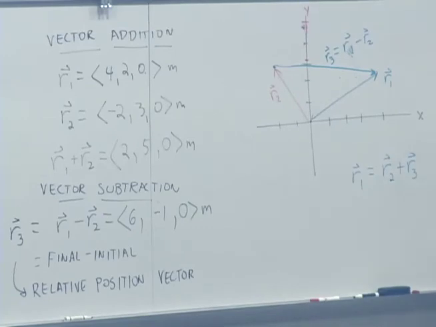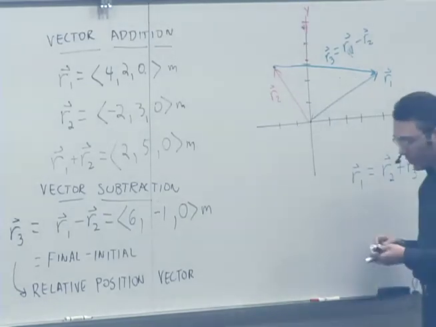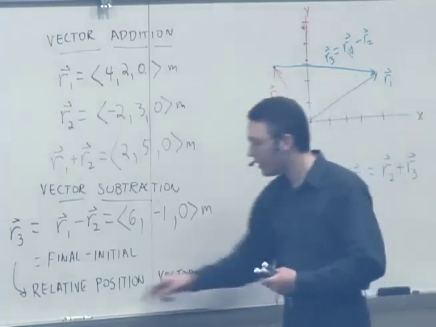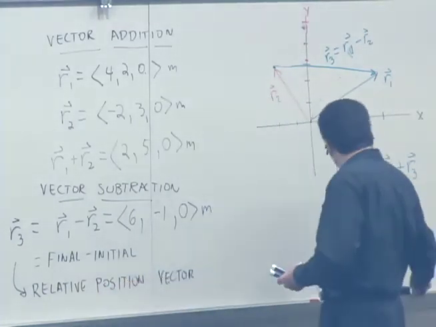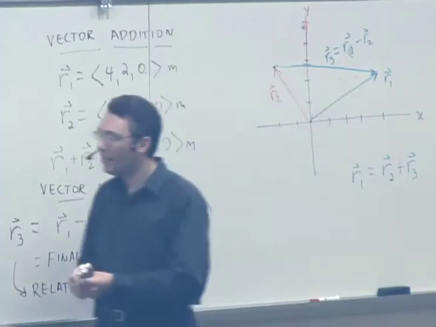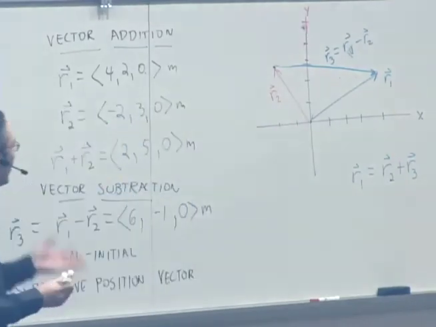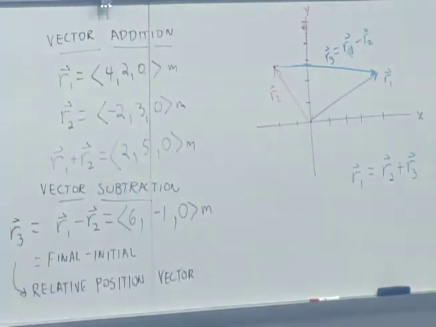Because we're going to be looking at, especially when we're dealing with how to calculate fields and forces, how to find a vector, a displacement vector or a position vector that points from one location in space to another.